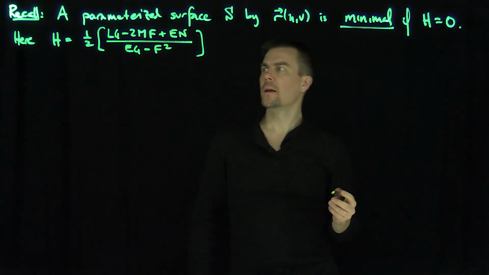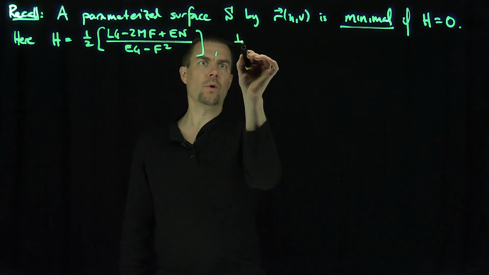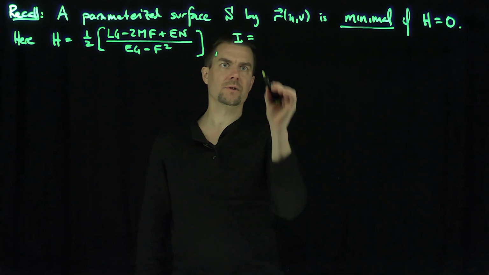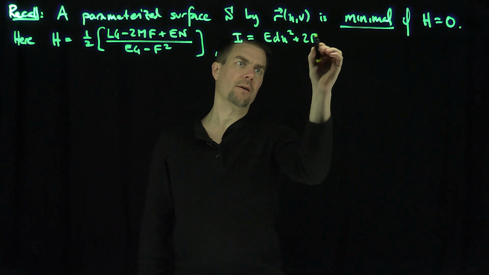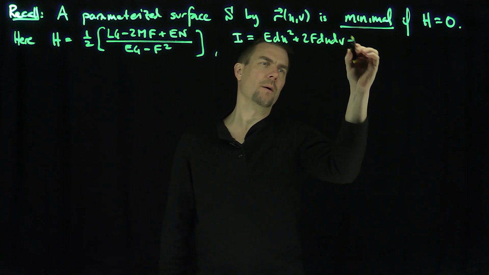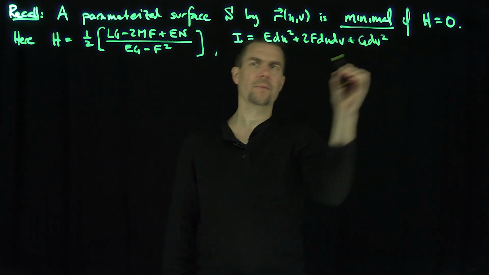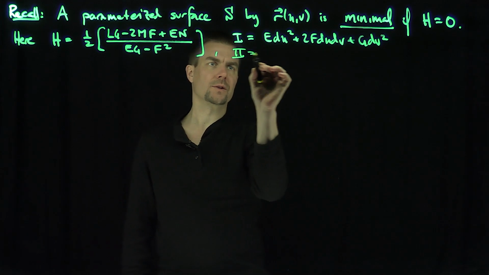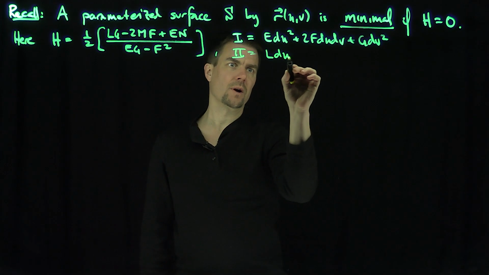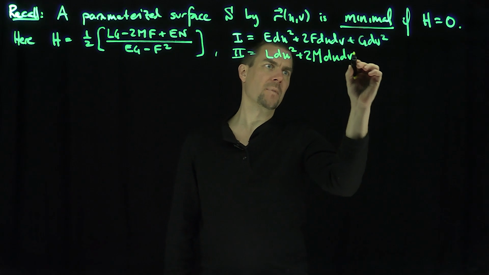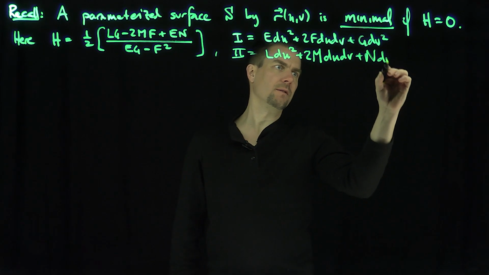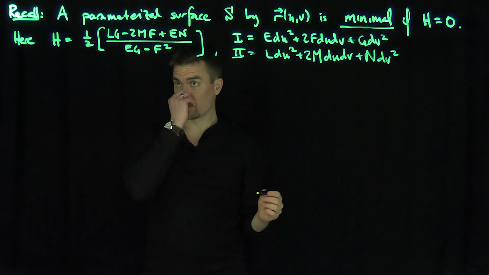Of course, the first fundamental form is E du squared plus 2F du dv plus G dv squared, and the second fundamental form is L du squared plus 2M du dv plus N dv squared.